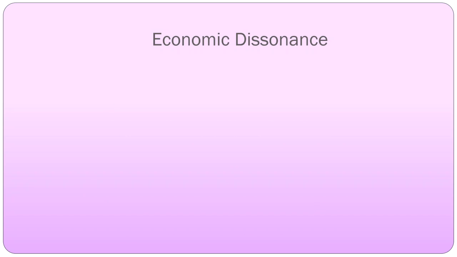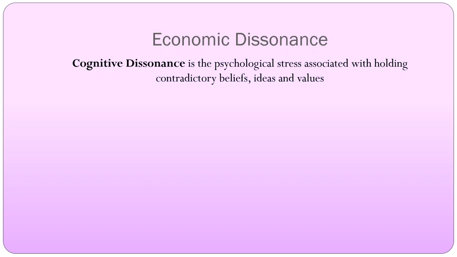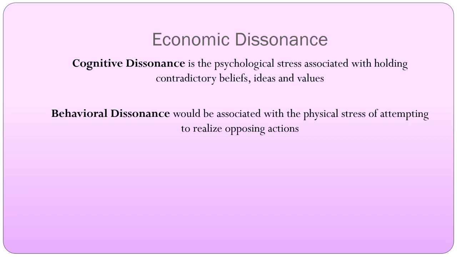Now, this brings up a notion of dissonance. Those who are familiar may have heard the term cognitive dissonance. So this is the psychological stress associated with holding contradictory beliefs, ideas, and values. And related to this would be behavioral dissonance.